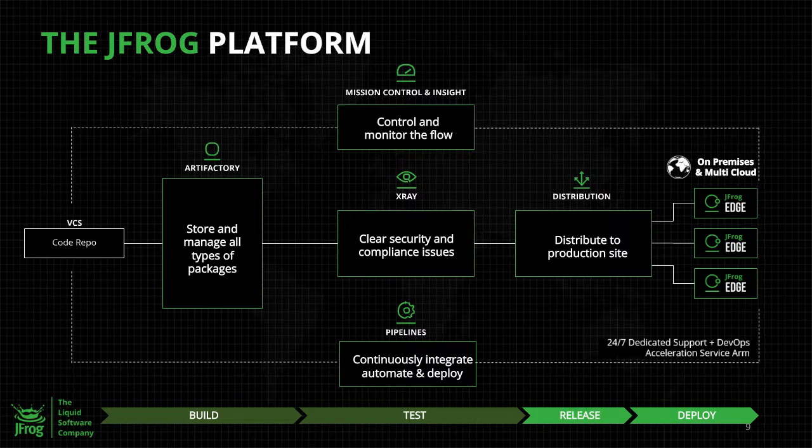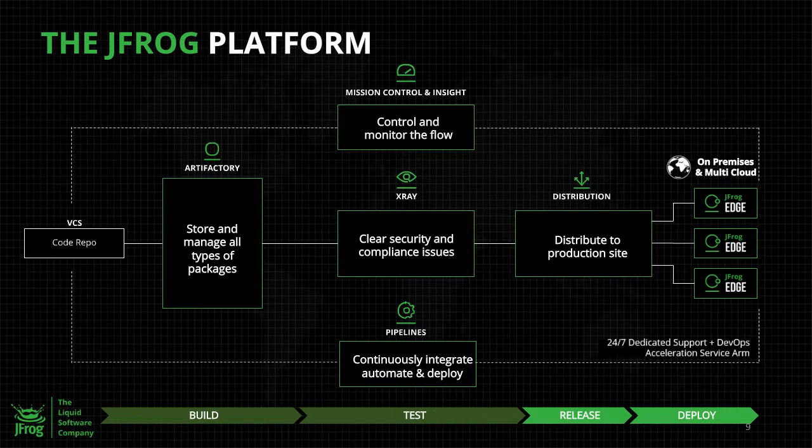The second product we have in the platform is called JFrog X-Ray. It's a security and license analysis tool. The idea with X-Ray is to be able to scan any binary stored in Artifactory and to give you a result regarding, first of all, its recursive analysis, showing you all embedded binaries within your own components, but also to give you reports and analysis regarding known CVEs and license information.